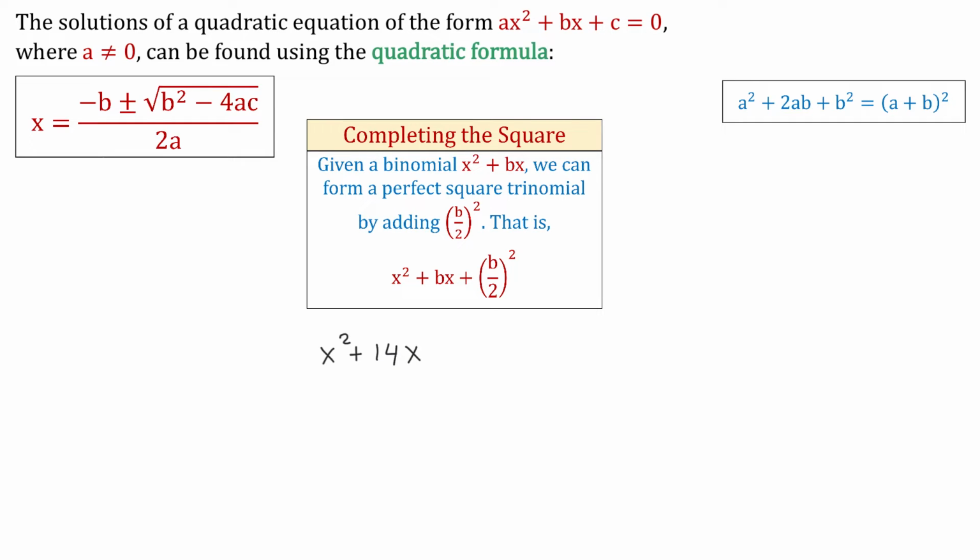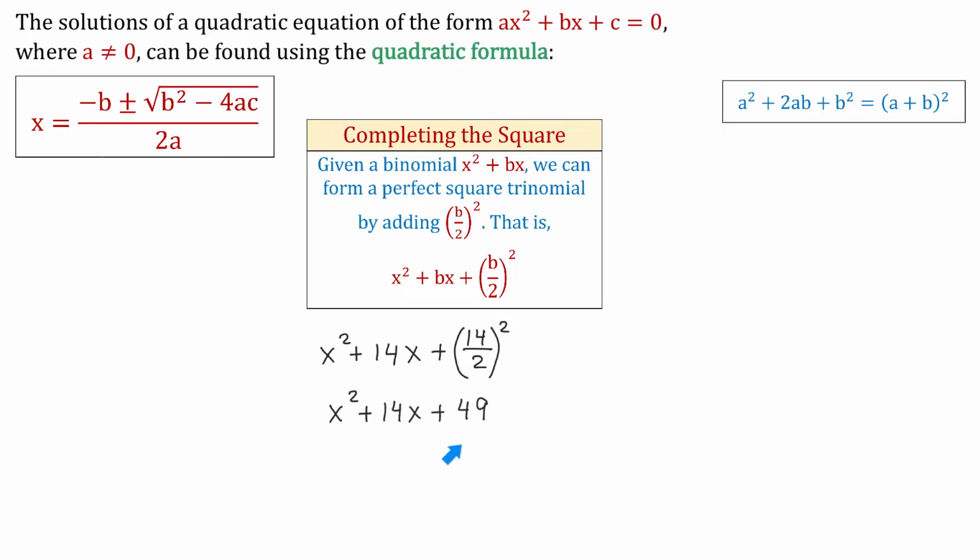Then to form a perfect square trinomial, we need to divide 14 by 2 and raise the result to the second power. Then 14 divided by 2 is 7, and 7 squared is 49. So the perfect square trinomial is x squared plus 14x plus 49.